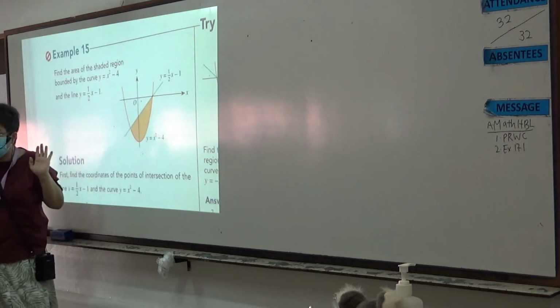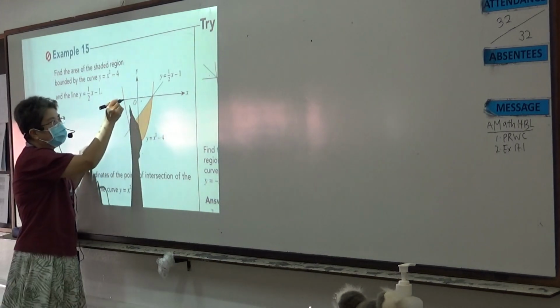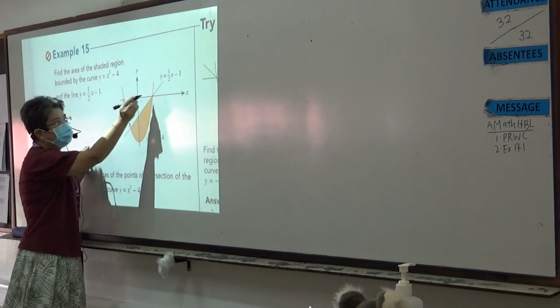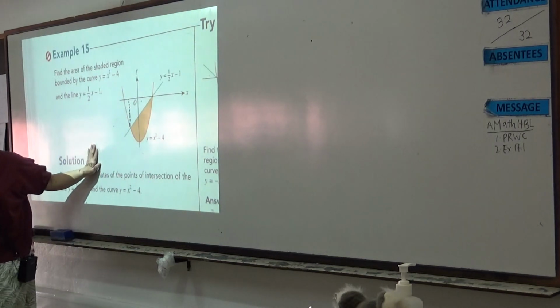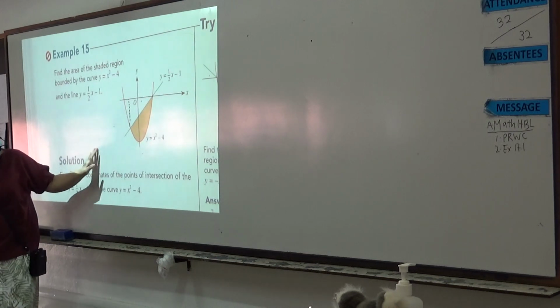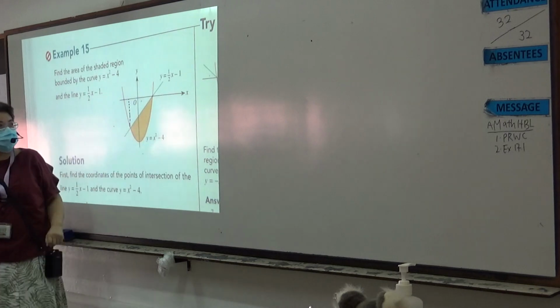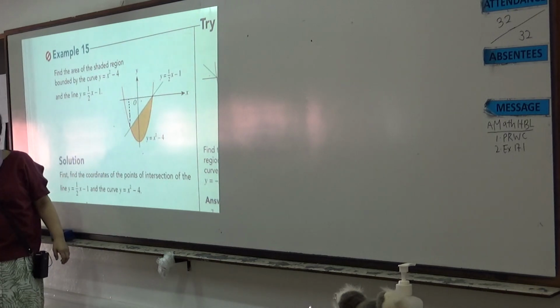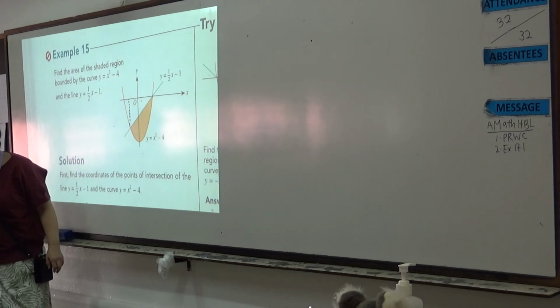Wait, I must say again, it's not from here to here, it's from here to here, correct? You understand what I'm talking about? Can or cannot? Then I must minus this triangle, right? Agree or not? Yes or no?